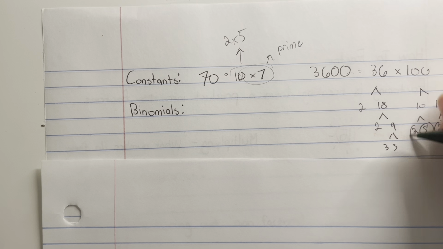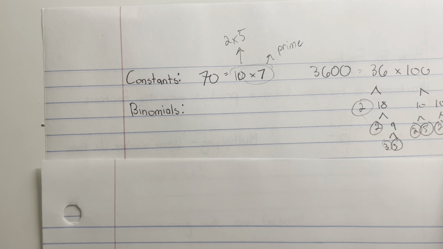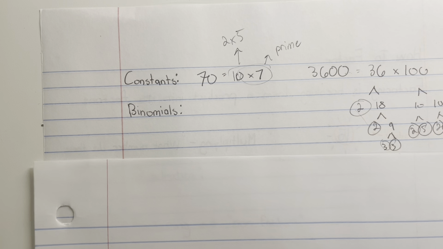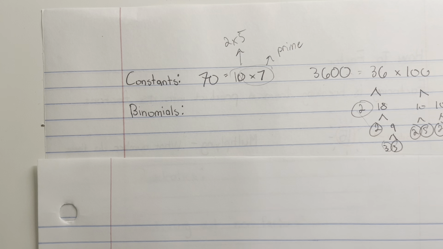And so all of these prime numbers multiply together to equal 3,600, because each time we broke it down even further. And just going back up the chain, undoing what we did, we end up back where we started.